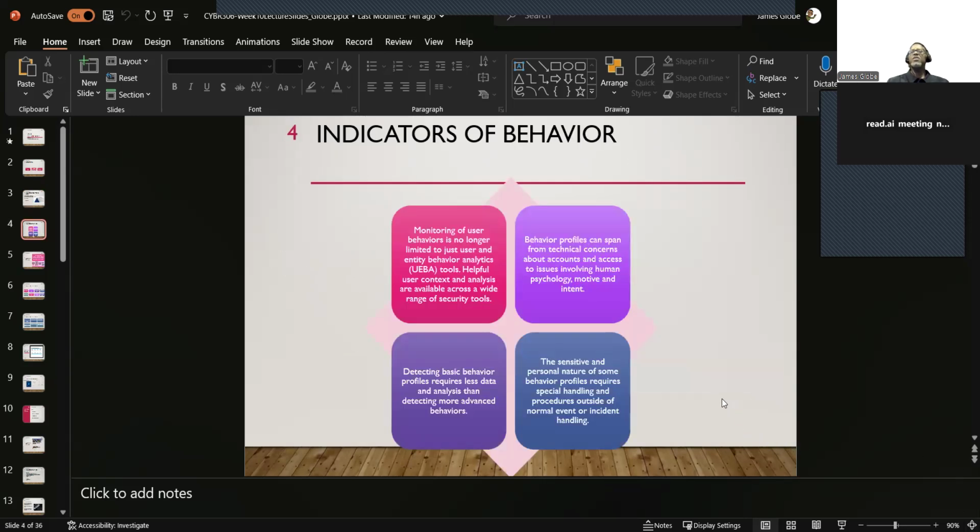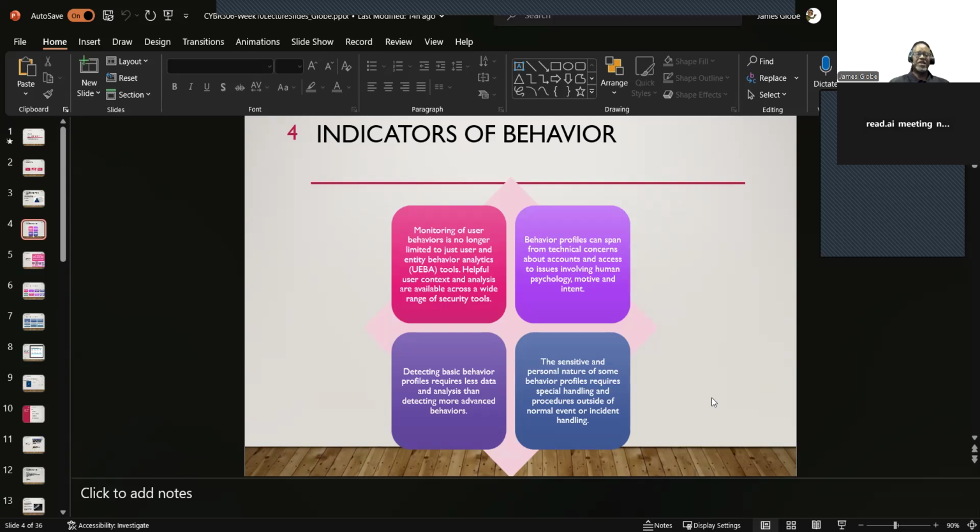Indicators of behavior is a little bit different in that it encompasses monitoring normal day-to-day computer activity. Monitoring a user's behavior is no longer limited to just the user, and entity behavior analytics is helpful. Basically what the bullet is saying is it's helpful to know what is normal. What time do they normally log into the company system? What applications do they start up?